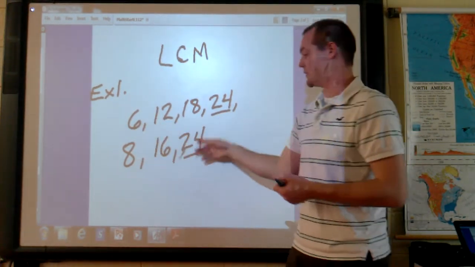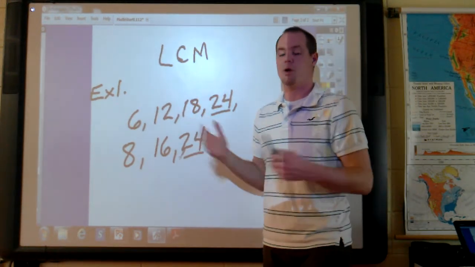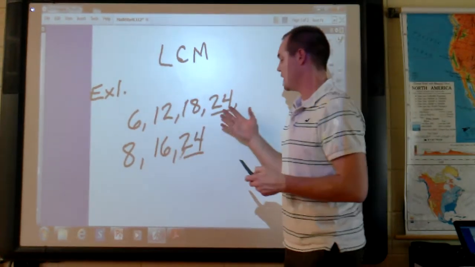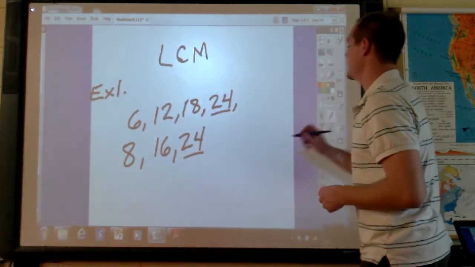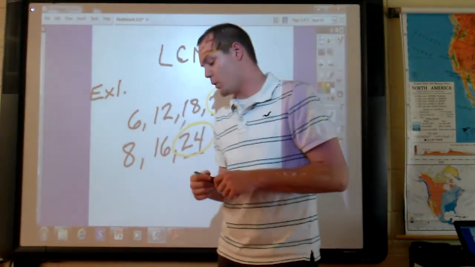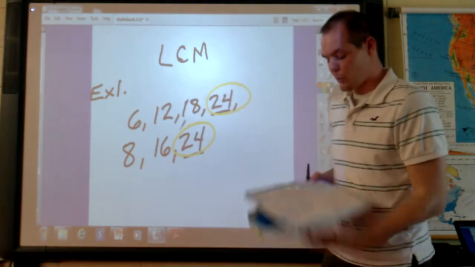You actually only have to list the first 4, and it might work with fewer on some numbers and more on other numbers. You just have to keep adding to those multiple lists until you find one that they have in common. The least common multiple of 6 and 8 is 24, and you'll write the number 24 down on example number 1.